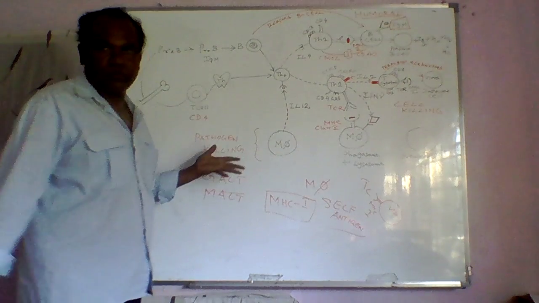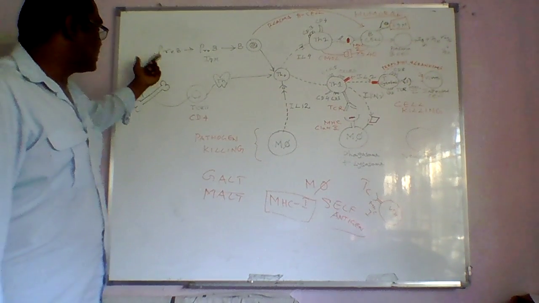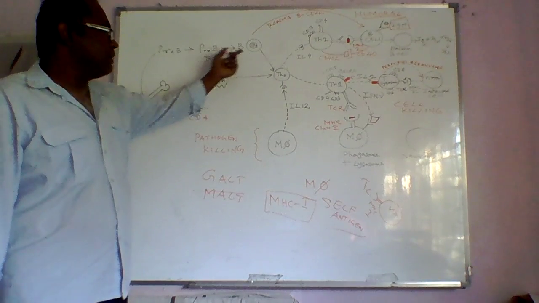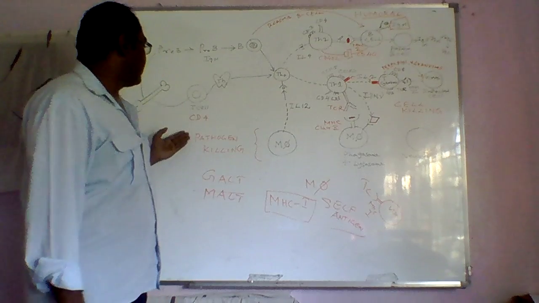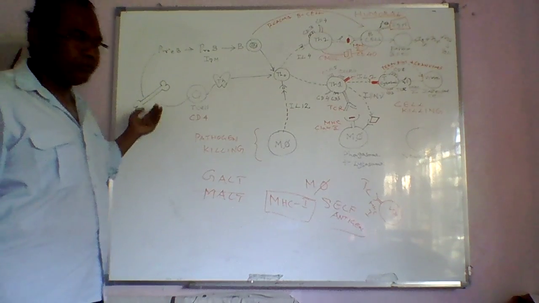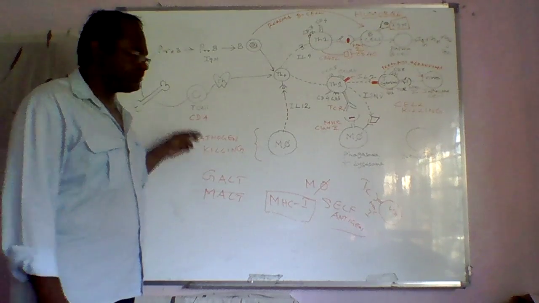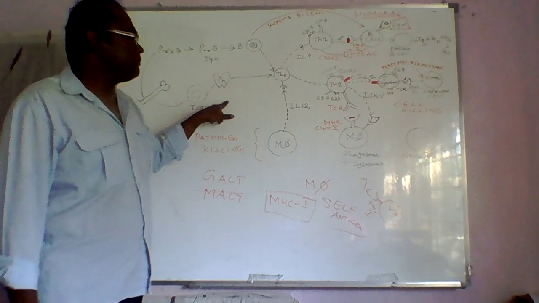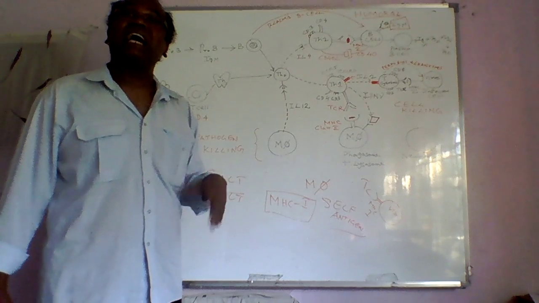So to summarize very quickly, what did we say? Everything starts with the bone marrow, the B cells, which is called pre-B cell, pro-B cell, and B cell over here. This is the B cell that you see over here. And at the beginning, the T cell will not go directly into the peripheral blood. T cells have to go into the thymus. From the thymus, it matures or undergoes what is called thymic education.